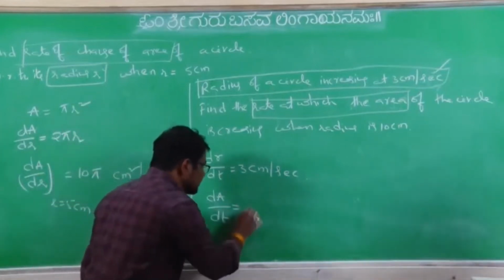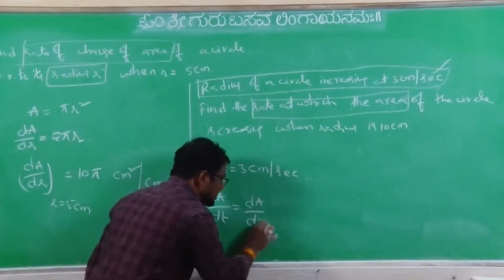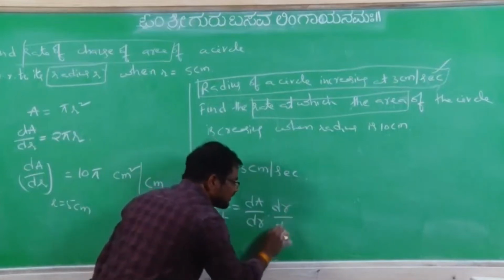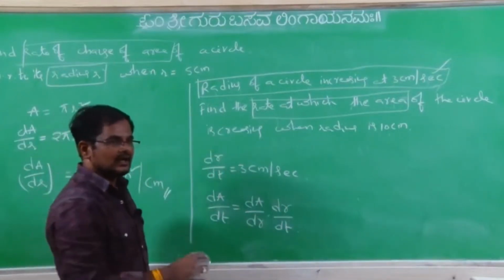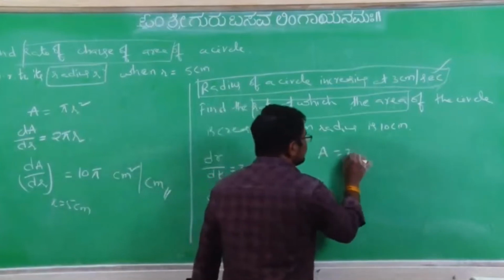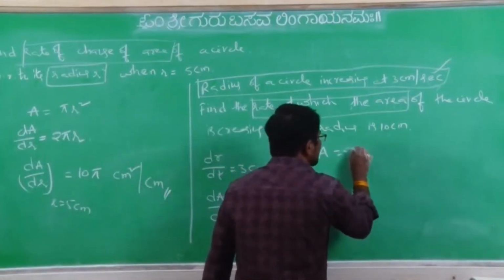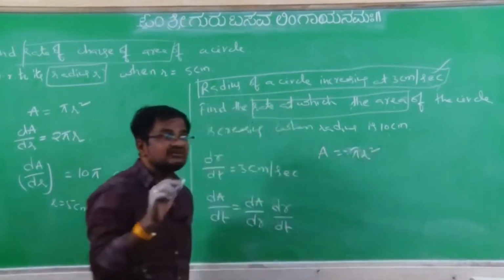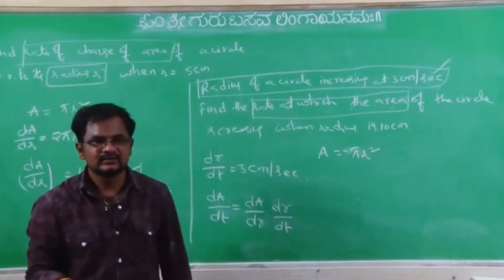dA by dt can be written as dA by dr into dr by dt. Otherwise, A equal to pi r square, differentiating with respect to t.